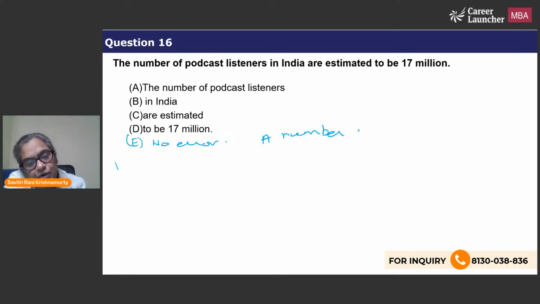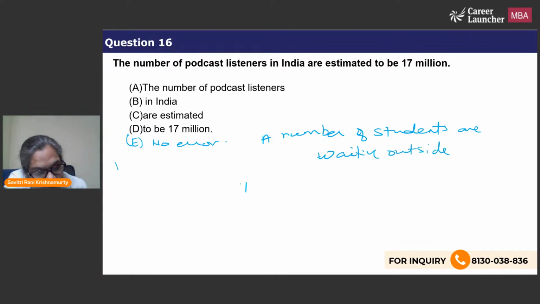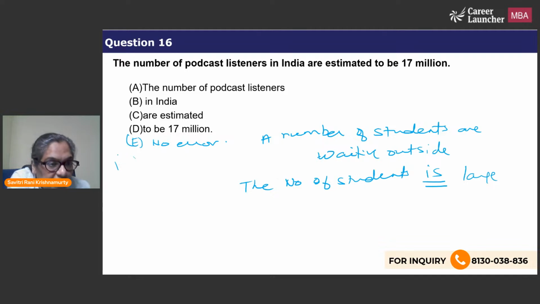A number of students are waiting outside. The number of students waiting outside is large. So the number is always singular. So you have is here.